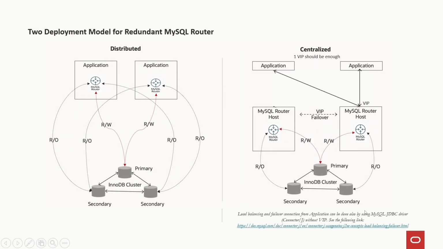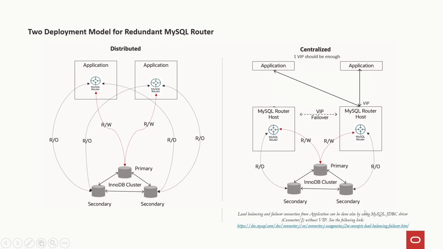There are 2 deployment models. I call the first one distributed, meaning that MySQL Router is distributed amongst the application servers. Each application server will have its own MySQL Router. Imagine that you run an application server and you need to provide high availability. The application server is stateless, so you don't have to create a high availability setup.